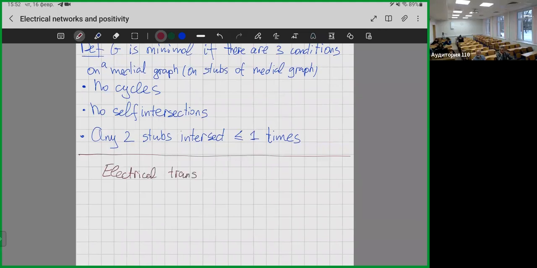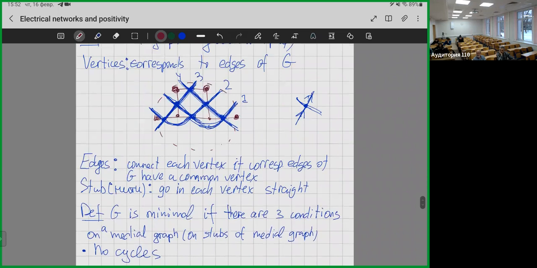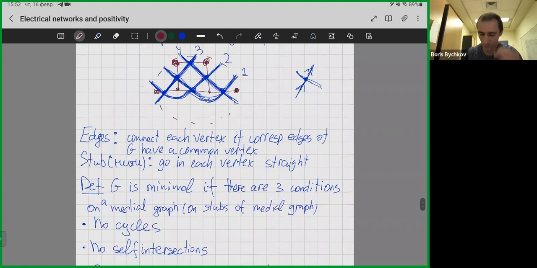Maxim asks, what is the difference between cycles and self-intersections? There are three requirements. No cycles.